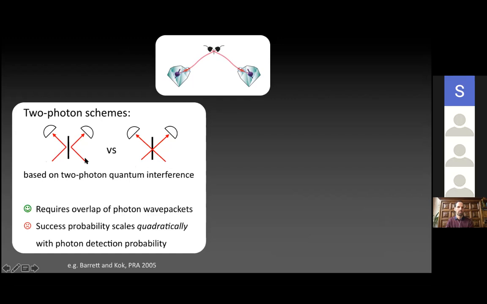And that means that the detection of the left detector corresponding to a photon from the left side is indistinguishable from a photon coming from the right side. So this scheme is nice because it only requires overlap of photon wave packets, which are several meters long. So it's very easy experimentally, but the success probability scales quadratically with photon detection because you need to detect both of the photons. Otherwise, you cannot herald entanglement.